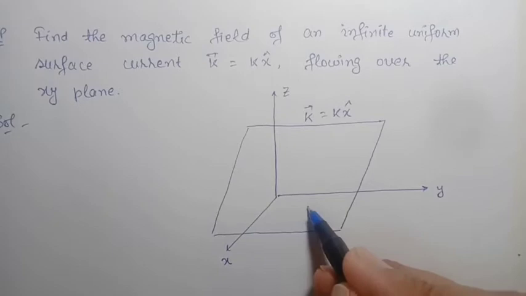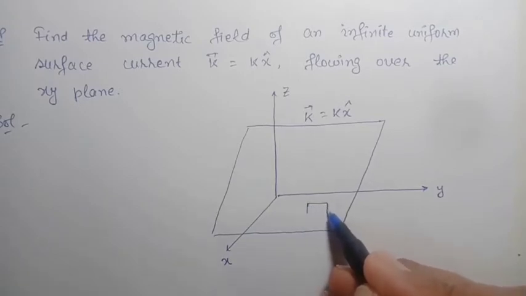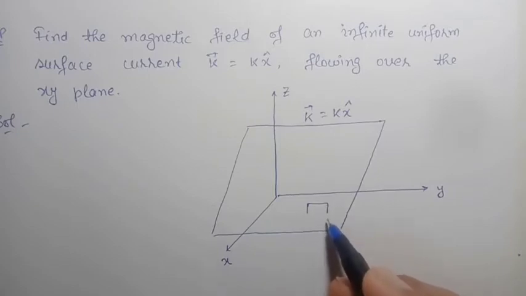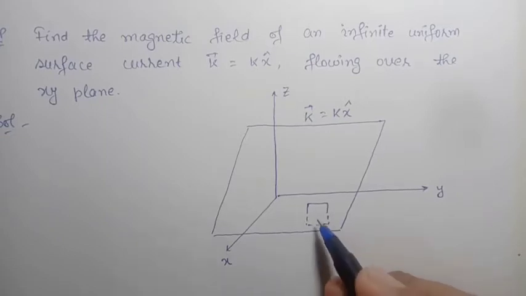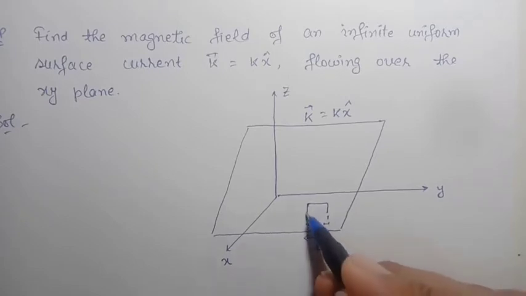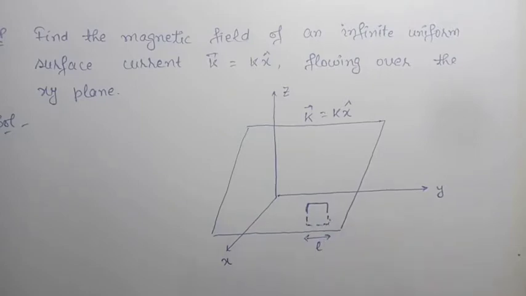Now suppose we have an Amperian loop, this part is above the plane, and this part is below the plane, and suppose the length is L. So the solid line shows above the plane and the dotted line shows below the plane. So this is again an Amperian loop.